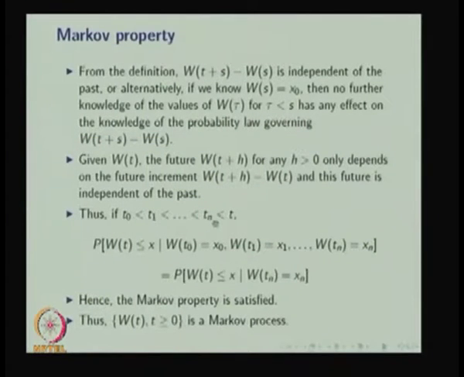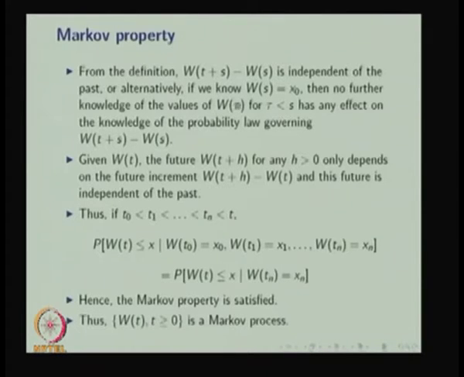So from the definition one can conclude W of t plus s minus W of s is independent of the past. Alternatively, if you know W_s equal to x naught, then no further knowledge of the value W of tau, where tau is less than s, has any effect on the probability law governing W of t plus s minus W_s.